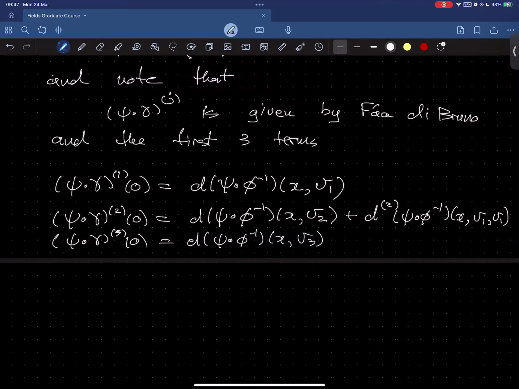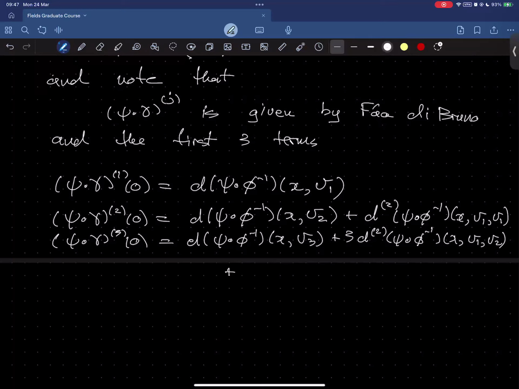Then you get plus 3 d2 psi composed with phi inverse applied to x, sorry, v1, v2. All right.